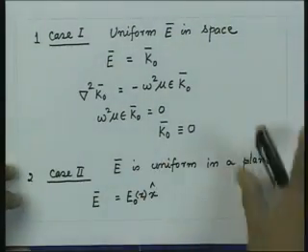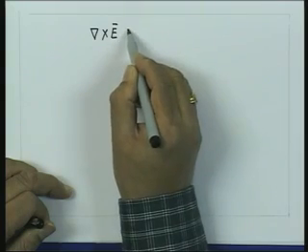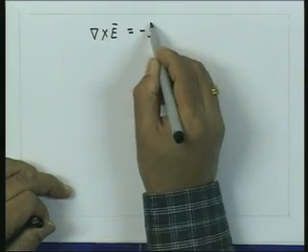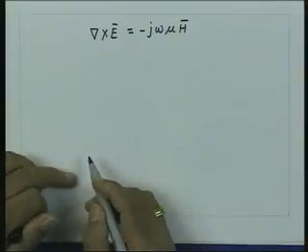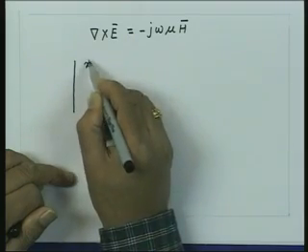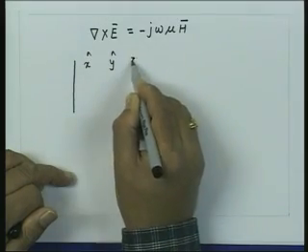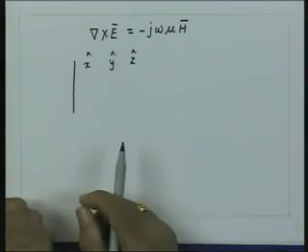If this field is a solution of the Maxwell's equations, it should be consistent with them. So we can take any of the Maxwell's equations and substitute this electric field in that. Let us consider the equation del cross E equal to minus j omega mu into H. We can write down this curl in the Cartesian coordinate system, which is easier to write. So it is x, y, z.